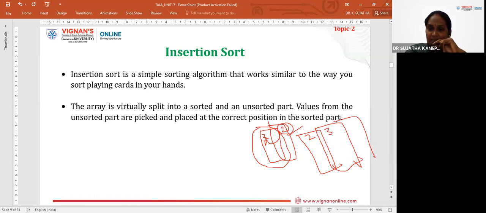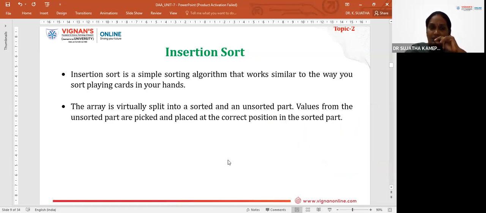In the same way, there may be another card, whose value may be, let us say, 6. Now we take the next unsorted card and compare it with the previous sorted cards. If it is greater, it will be kept on the right side. Otherwise, it will move to the left side. This procedure is continued till all cards are sorted.